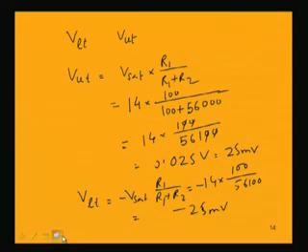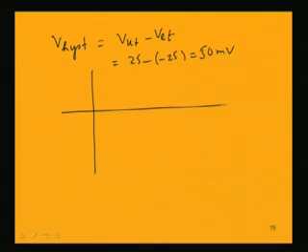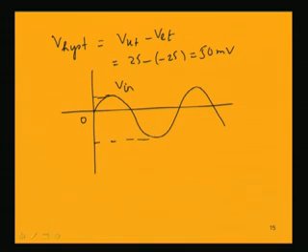So, what will be the hysteresis voltage? That can also be found out. The hysteresis voltage is equal to V upper threshold minus V lower threshold, and that is equal to 25 minus minus 25. So, 50 millivolt is the hysteresis voltage, and if we plot the input and output voltages, V in is varying with a peak to peak voltage of 1 volt.